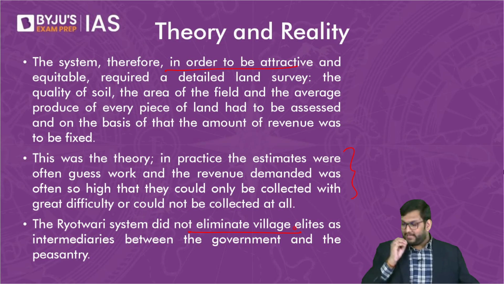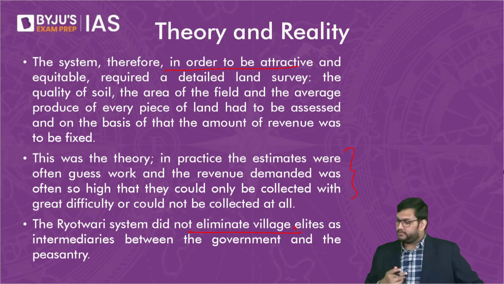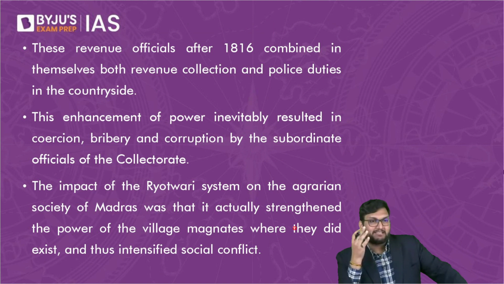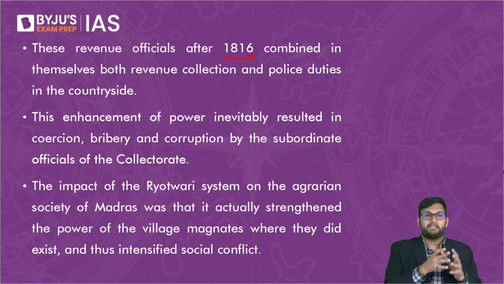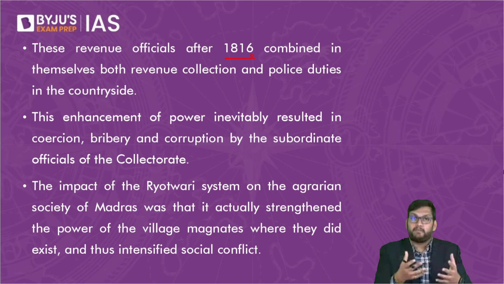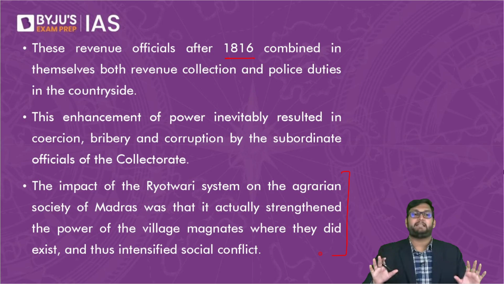So in reality, whilst there will be changes in this system after 1816, where different duties will be combined together and enhanced power will be given to the collector, the basic point of the matter is that Ryotwari will actually only strengthen the village magnates.